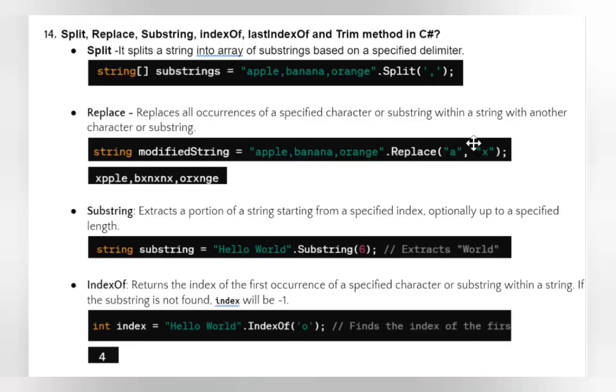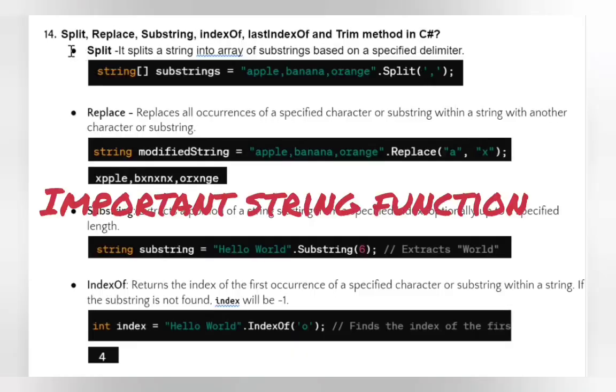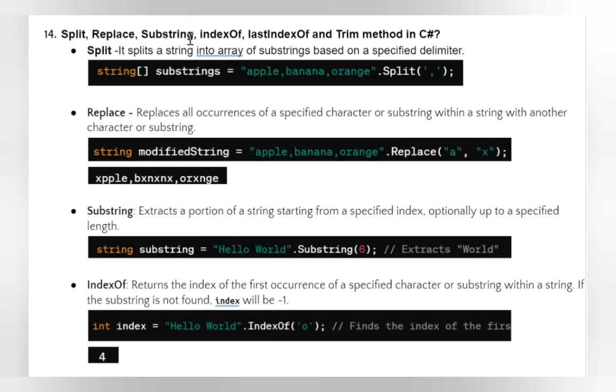Now let's try to understand some important functions in strings. We have a few functions like split, replace, substring, index of, last index of, and trim methods in C#. Let's start with split.